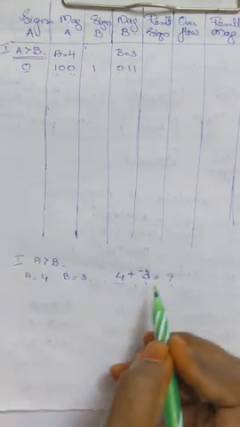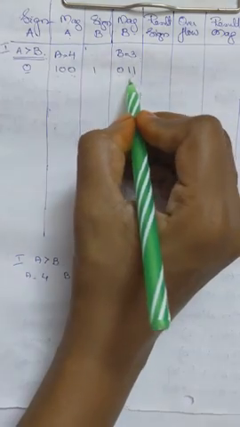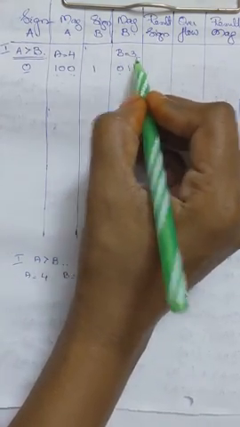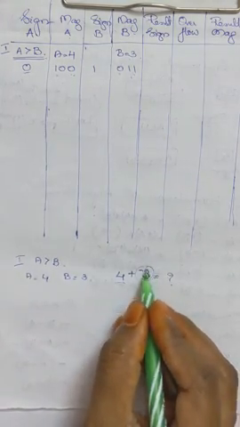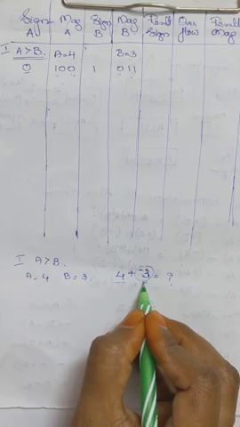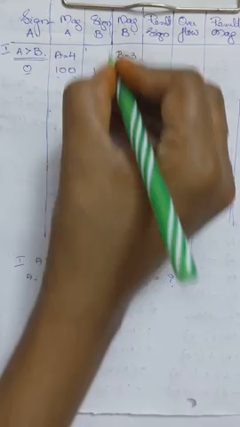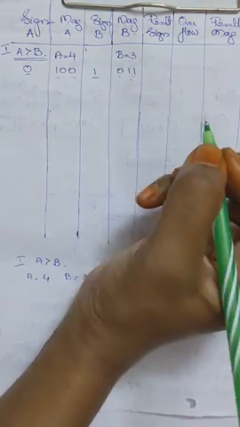Similarly, in case of 3, binary of 3 is 0 1 1. Here we are taking the example 4 minus 3. In order to indicate it is negative, in the sign bit of B we put 1.